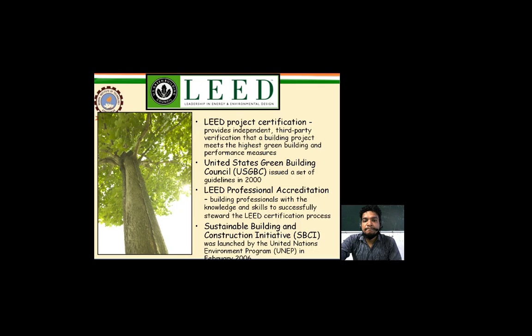Buildings account for 65% of electricity consumption, 36% of energy use, 39% of greenhouse gas emissions, 30% of raw materials use, 30% of waste output, which is approximately 136 million tons annually, and 12% of potable water consumption. These data are for the United States alone.